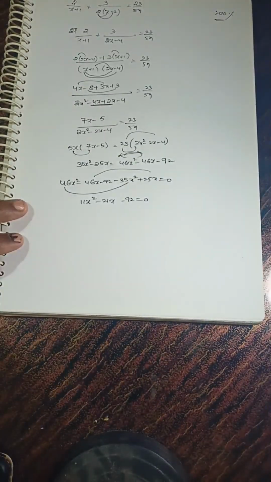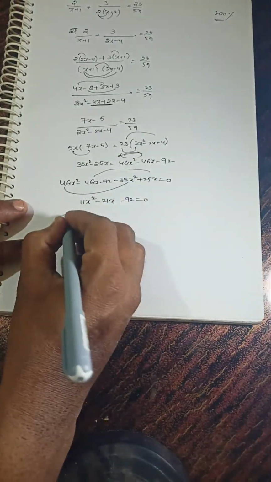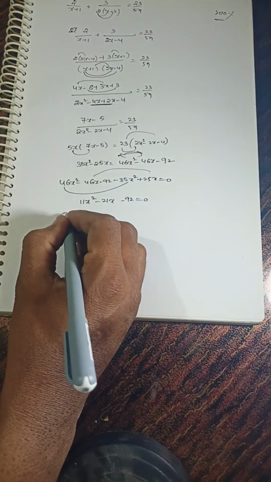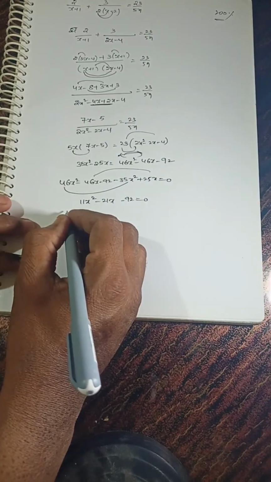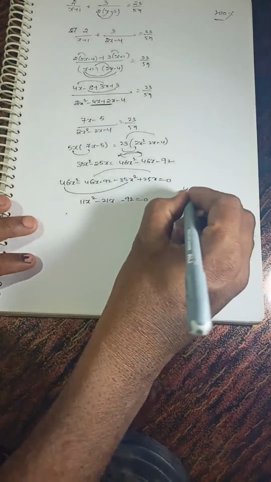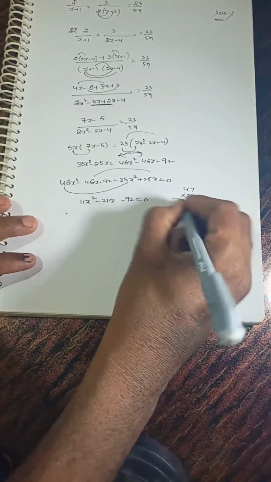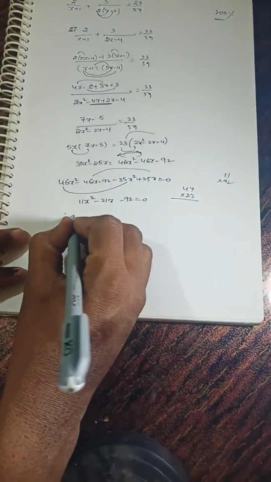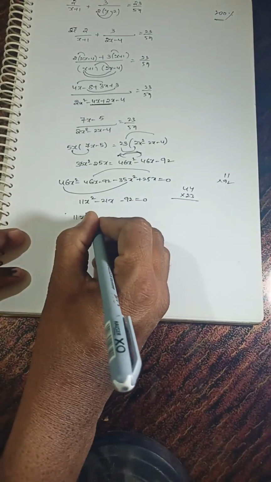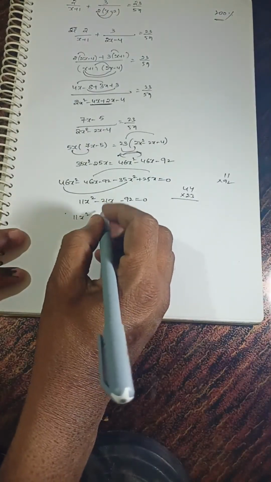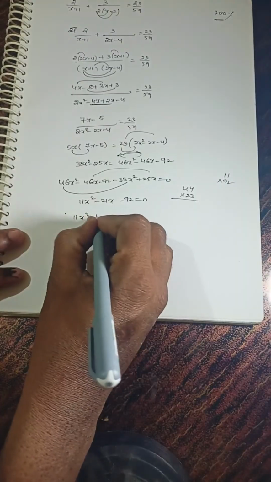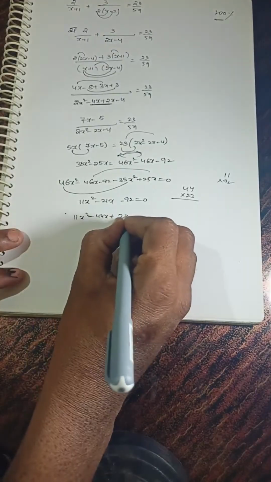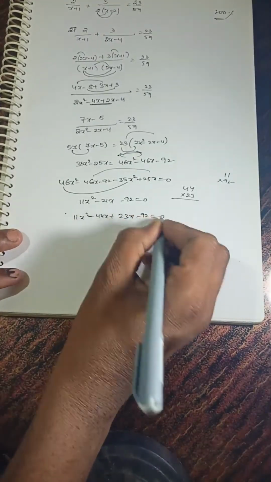Now out of these values, 92 you can take as 44 into 23, so 11 into 92 gives the answer. 11x square minus 44x plus 23x minus 92 is equal to 0.